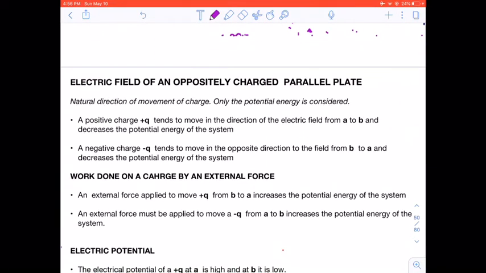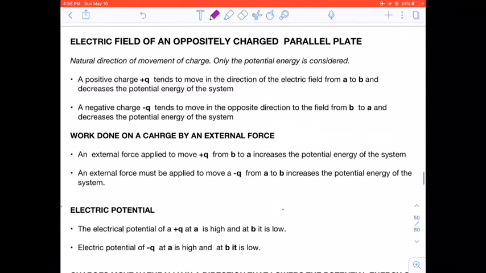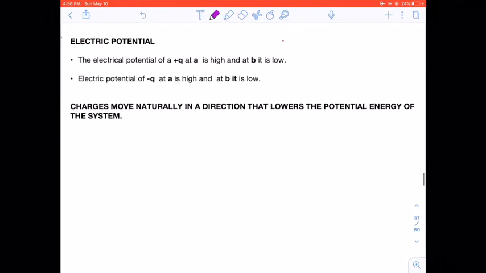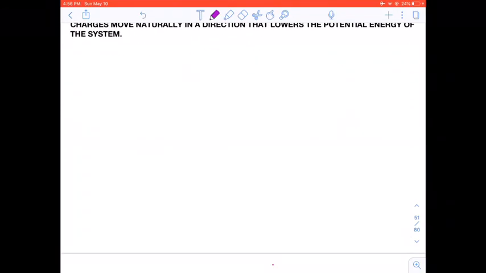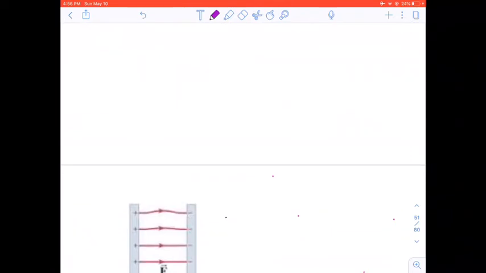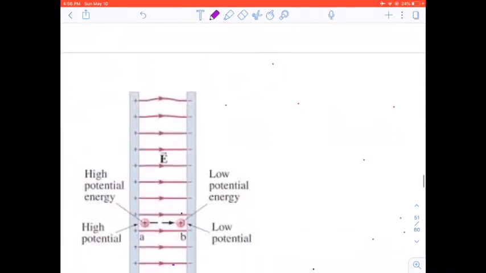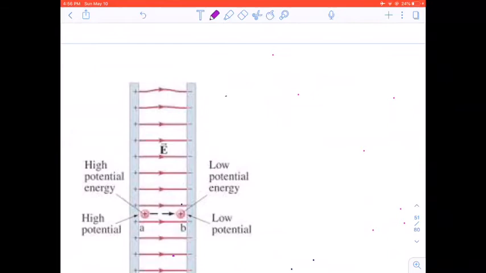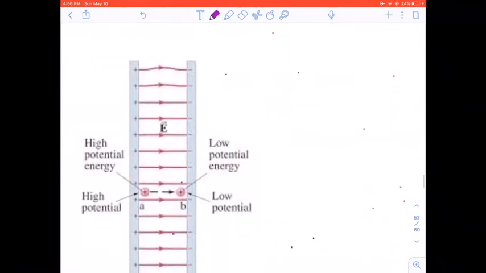Right, now let's look at the electric field of an oppositely charged parallel plate. Okay, here we have a parallel plate. You're not going to be examined on the pattern of these fields, but I'm just using it to illustrate the idea of potential energy, electrical potential energy.